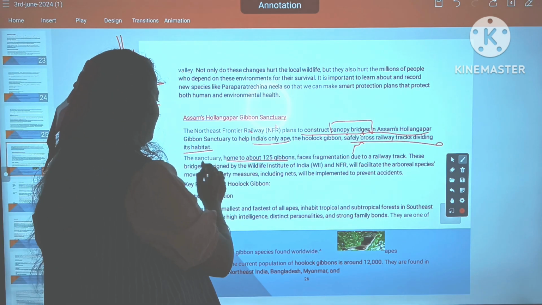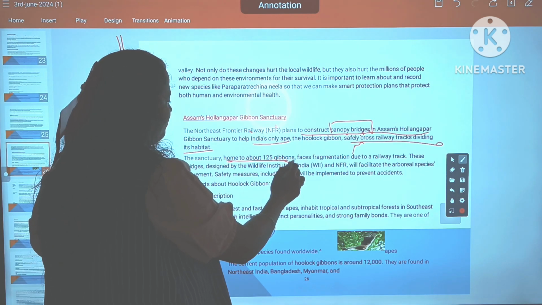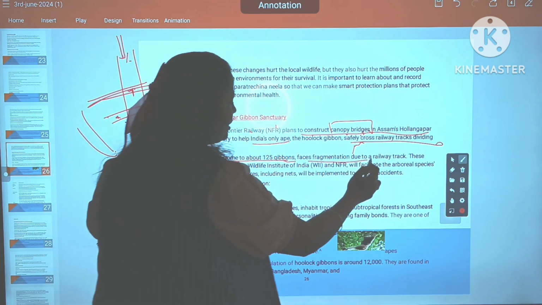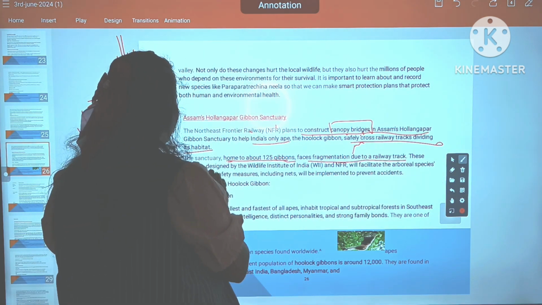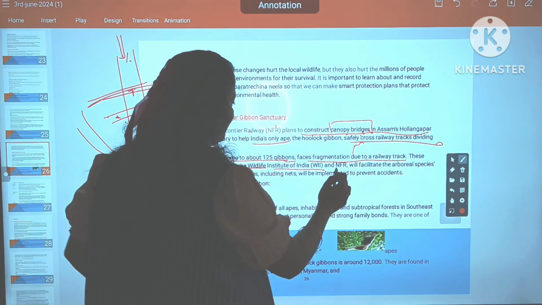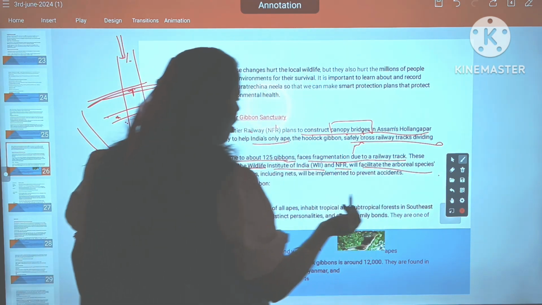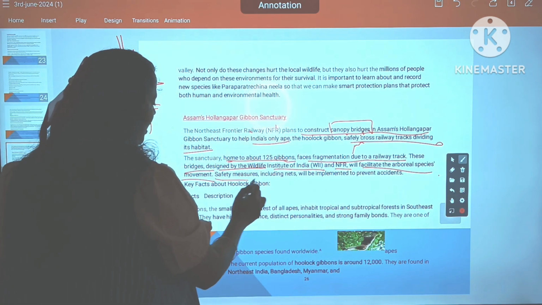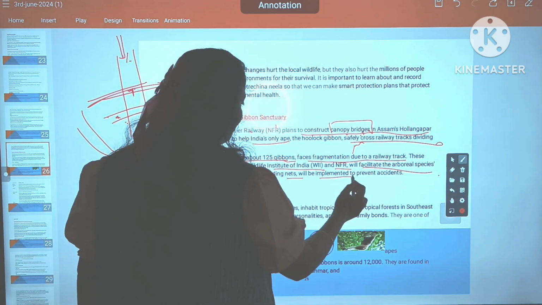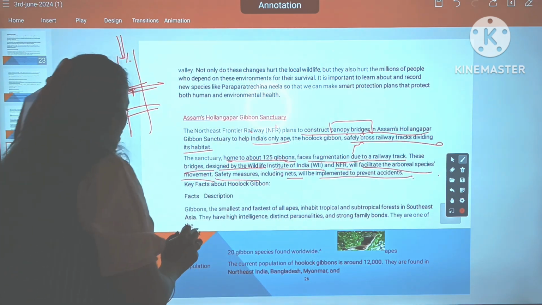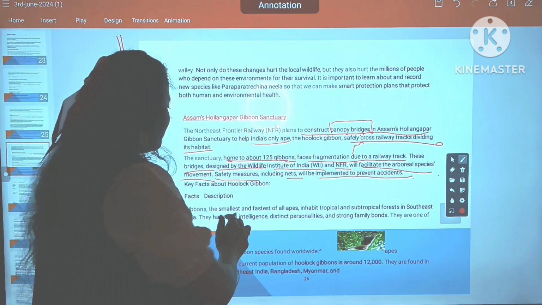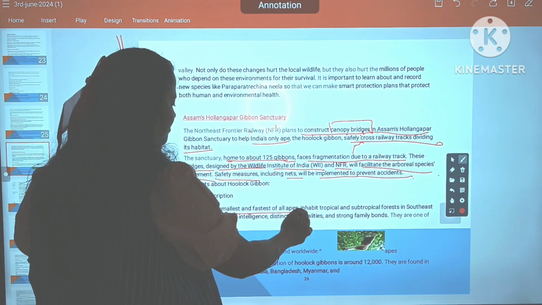Gibbon sanctuary. The sanctuary is home to about 125 gibbons, which face fragmentation due to the railway track. These bridges, designed by the Wildlife Institute of India and NFR, will facilitate arboreal species movement. Safety measures including nets will be implemented to prevent accidents. Okay, gibbons are the smallest and fastest of all apes.